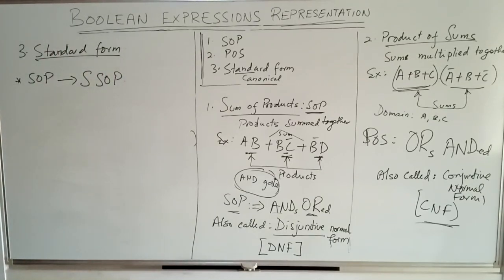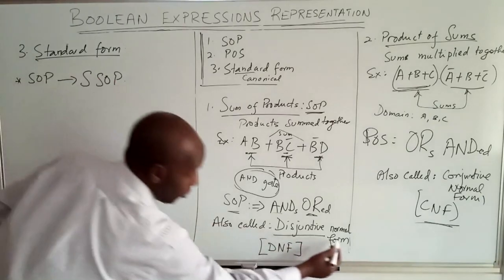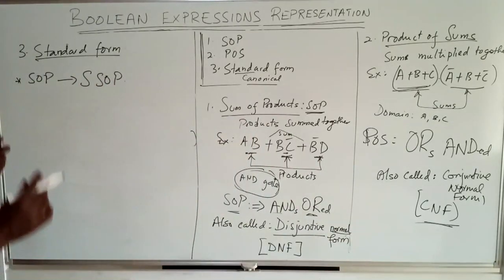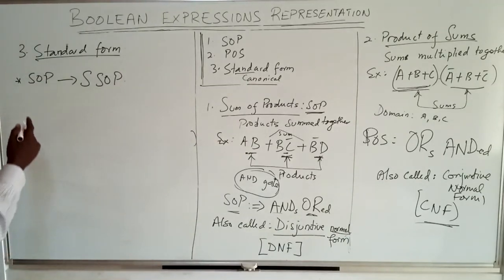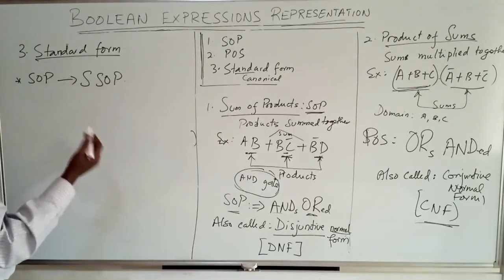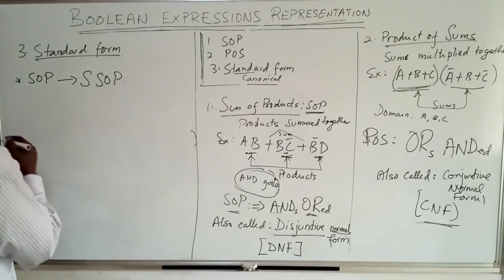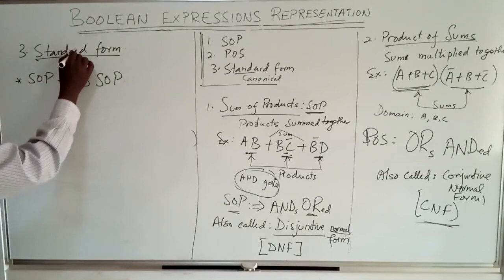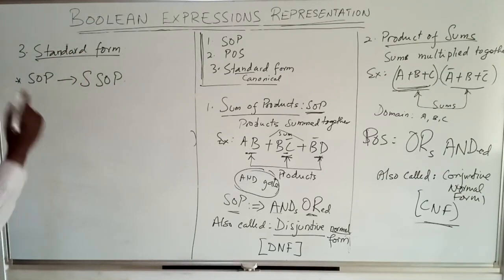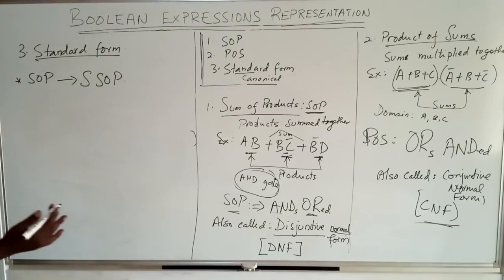So when we have a normal form, a disjunctive normal form, we can see if it is standard or not. So how can we see if the sum of product is standard?